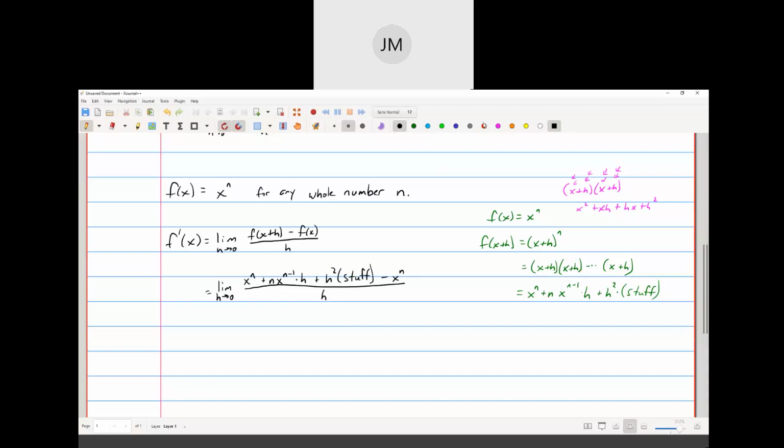Okay, just like we've done in the past, let's group like terms. x to the n minus x to the n add to 0. And everything left in the numerator has at least an h in it. So I'm going to go ahead and factor out an h. And what I'm left with here is nx to the n minus 1. And what I'm left with here is h times a bunch of stuff.